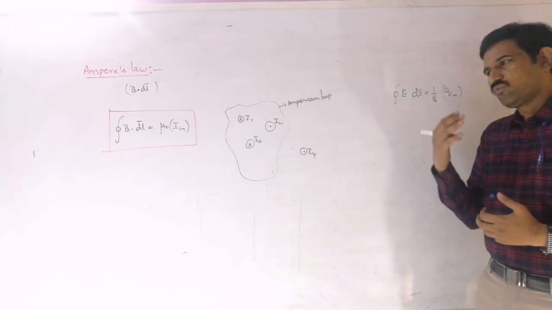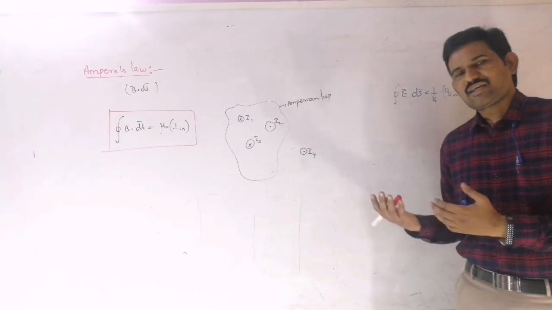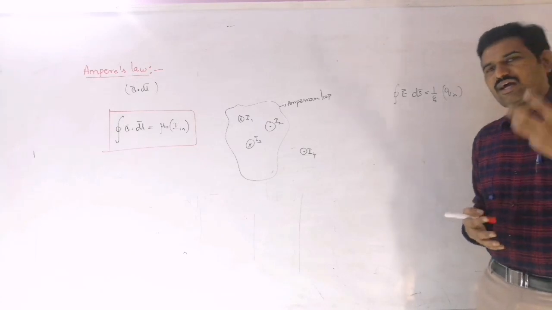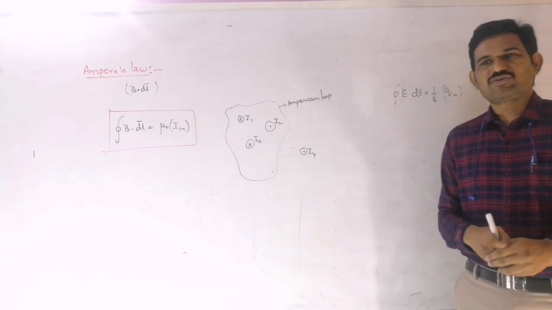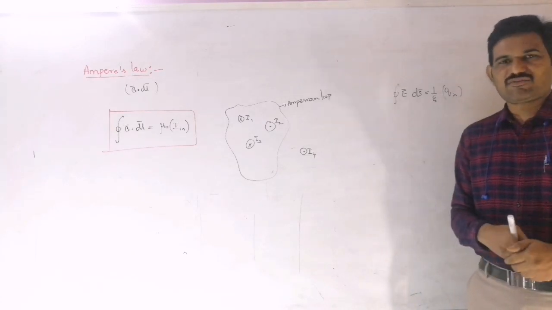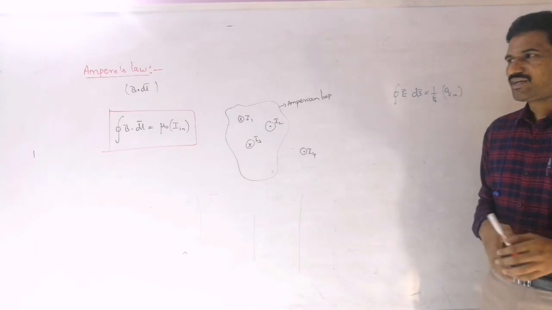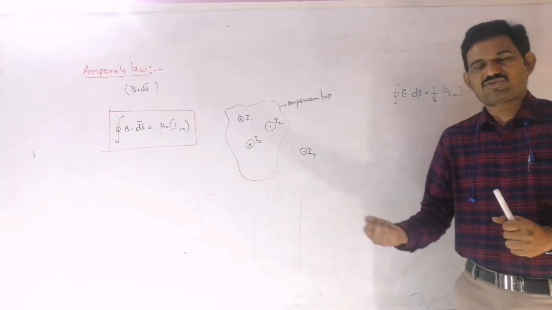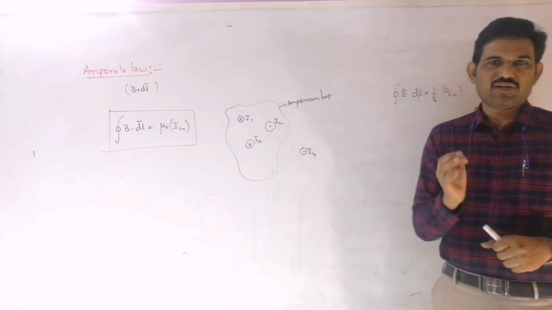So if you want, you can take I1 as positive by assuming the integration direction in a particular way, and I2 can also be taken as positive if you change the direction of integration. So depending on the direction of integration, which current we take as positive and which as negative will depend.